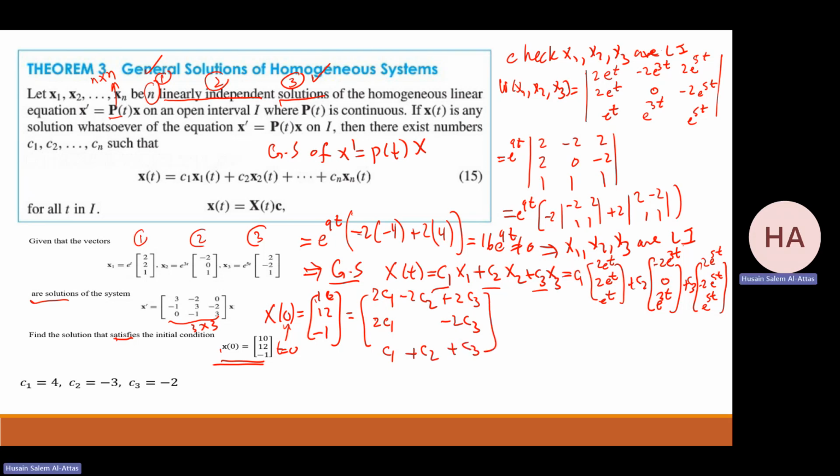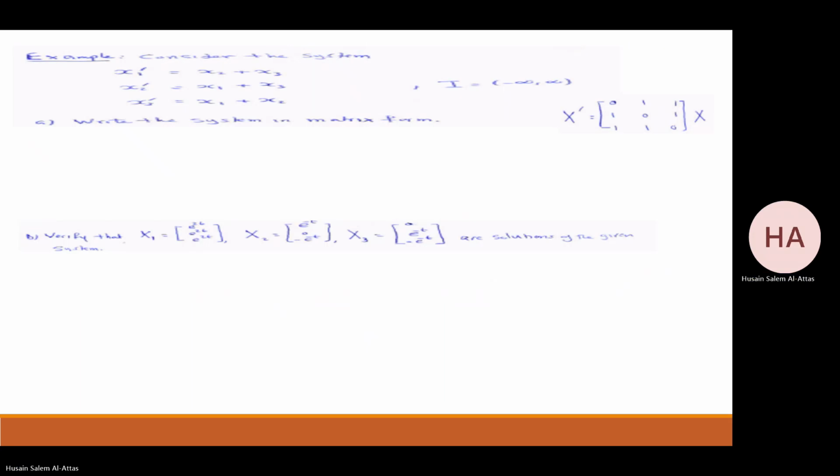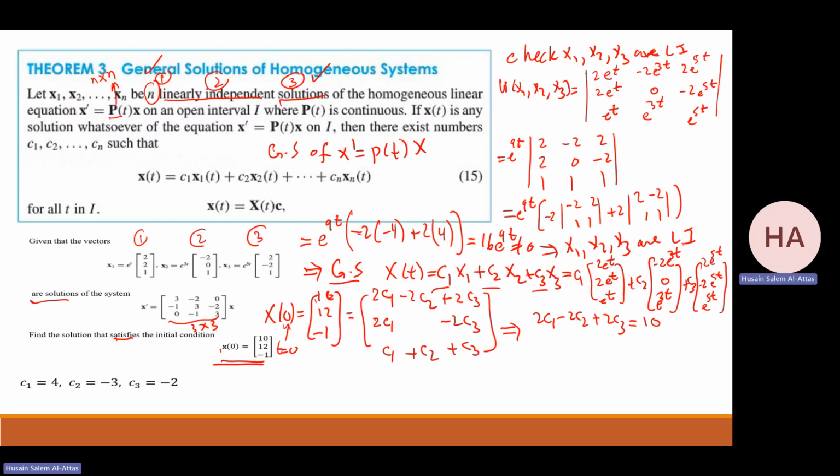So I have a system of three equations: 2c1 minus 2c2 plus 2c3 equals 10, I'm doing it in more detail. Then 2c1 minus 2c3 is equal to 12.